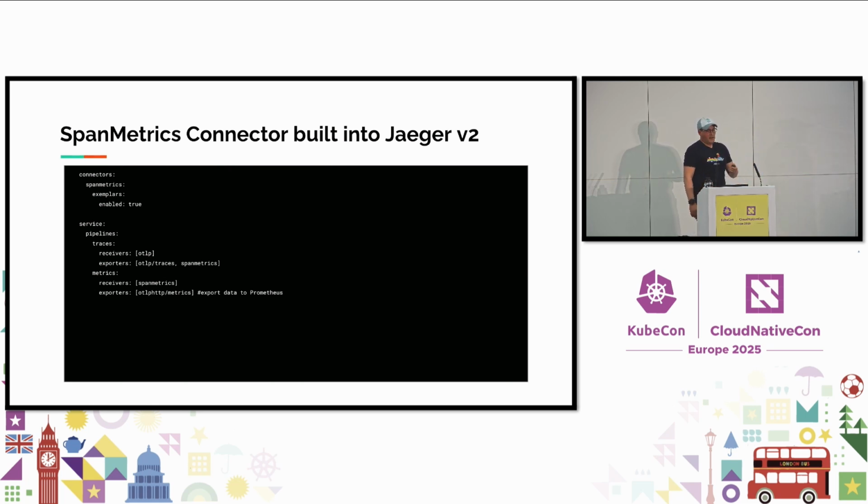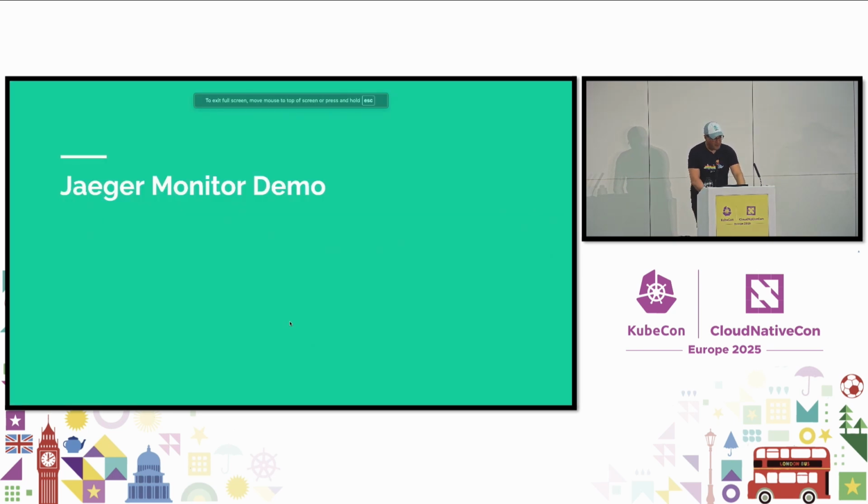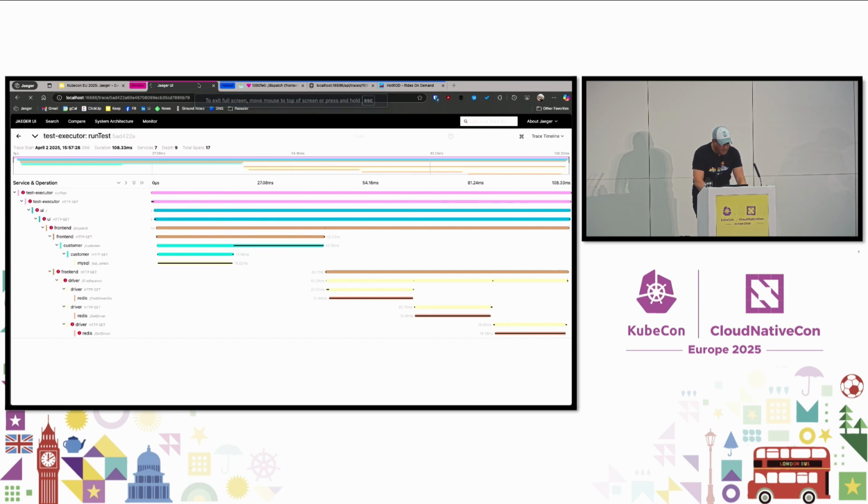It's an elegant way to get that automatically from your existing OpenTelemetry or Jaeger collector, essentially. I'm going to show you how this looks in the UI, but this is a screenshot. Let me jump over to a demo. We'll take a look.